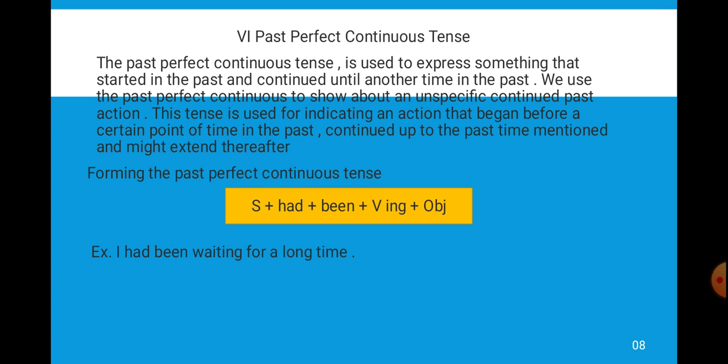This tense is used for indicating an action that began before a certain point of time in the past, continued up to the past time mentioned, and might extend thereafter. Forming the past perfect continuous tense: subject plus had plus been plus verb ing form plus object. I had been waiting for a long time. It is the example of past perfect continuous tense.